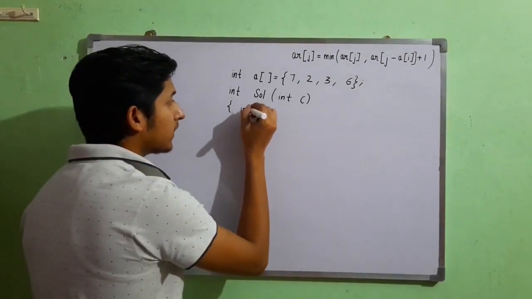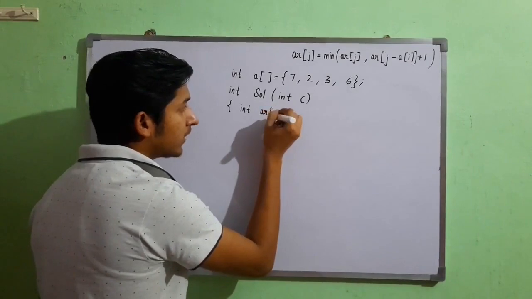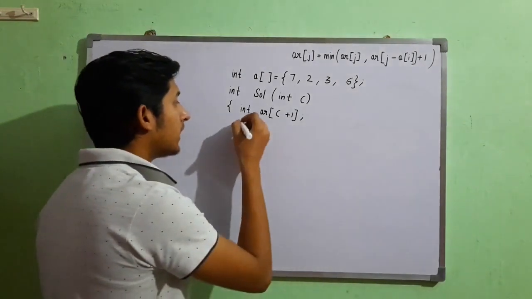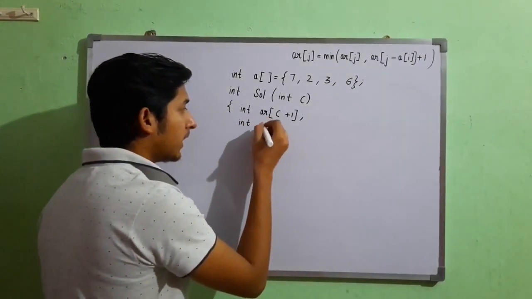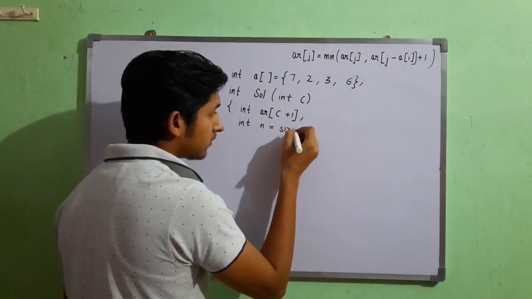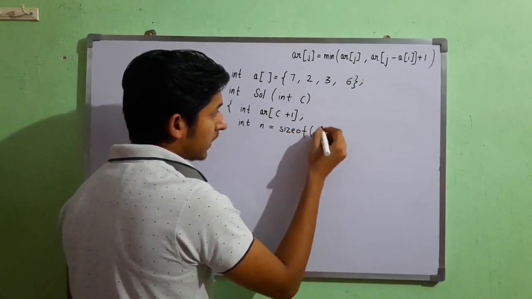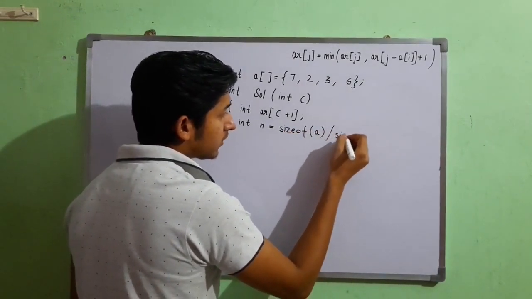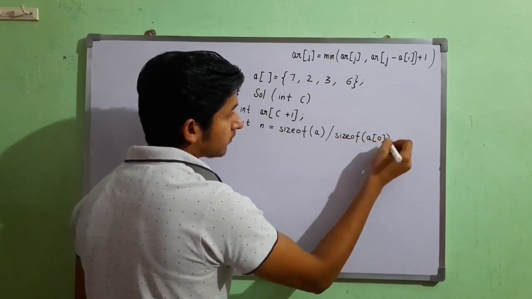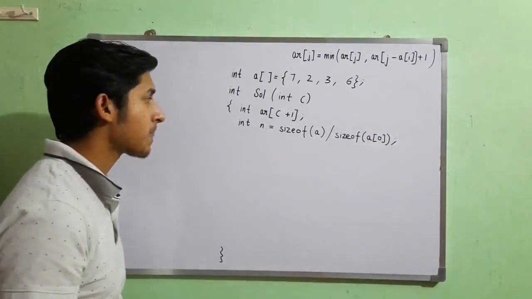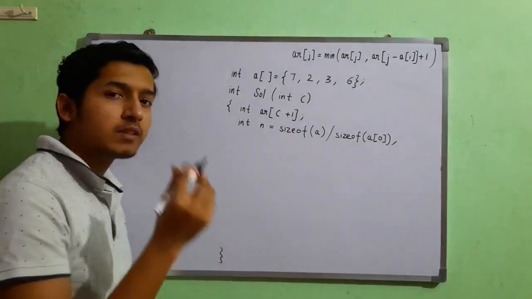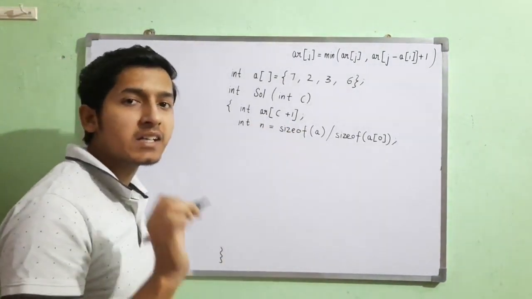I'll declare an array AR with size C plus 1 and I'll declare an integer N that is the size of this array, so it will be size of A over size of A0. Now I'll initialize this entire array with the first element 0 and the rest are int max.